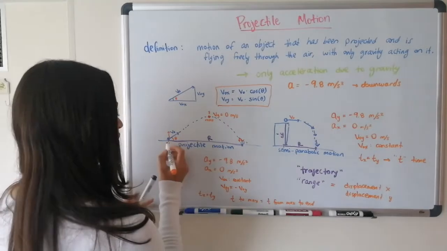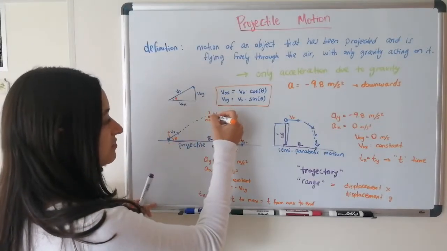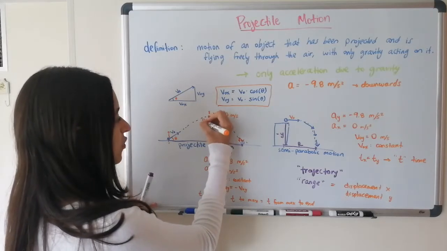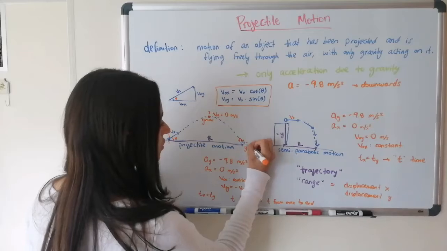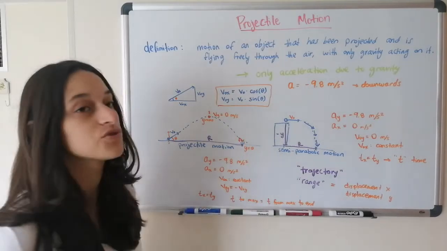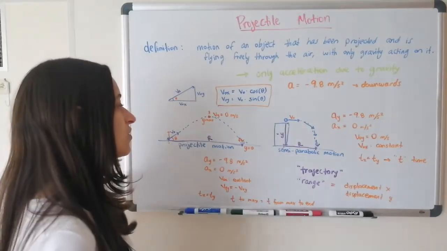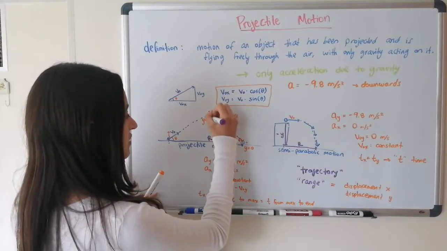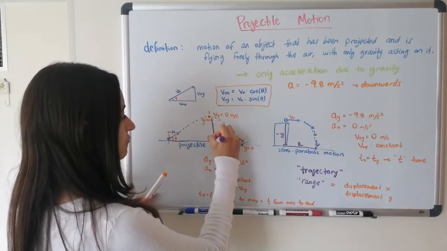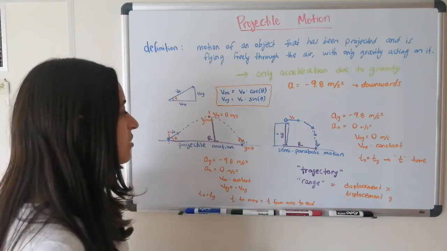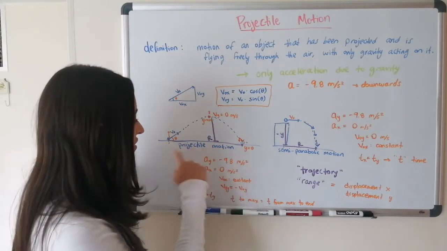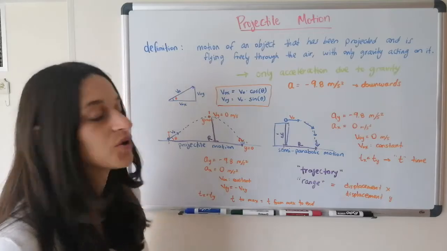So if here it was at 0, it goes up to a maximum height, so this can be the y max, and then when it comes back down, the y is equal to 0. If you want to know the maximum height, it would be this distance from the horizontal ground to how high it gets, but the total height at the end is coming back and becomes 0 again.